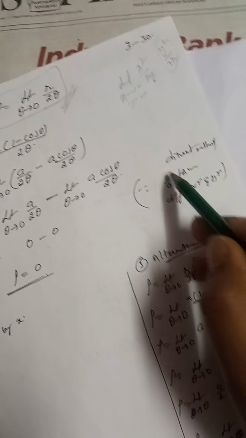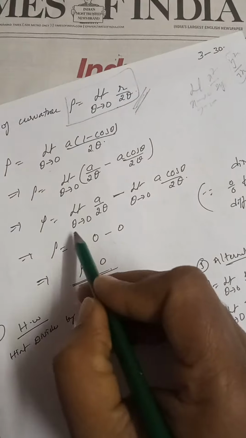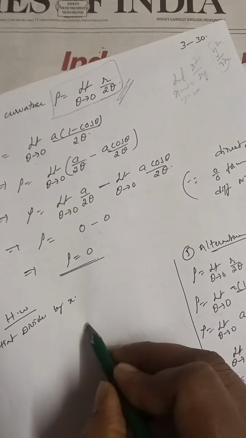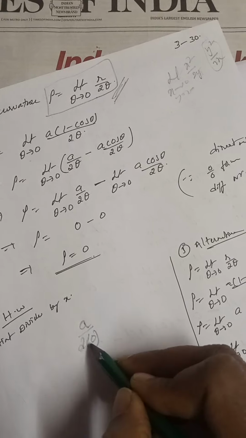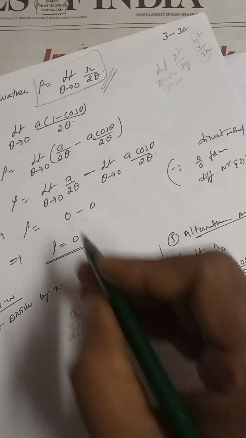It's a direct method. In the 0 by 0 form, differentiate the numerator and denominator. If you apply the limit directly, what am I getting here? a by 2 into theta plus 0. a by 0 is not defined. Right? Here also not defined. Then what should we do?